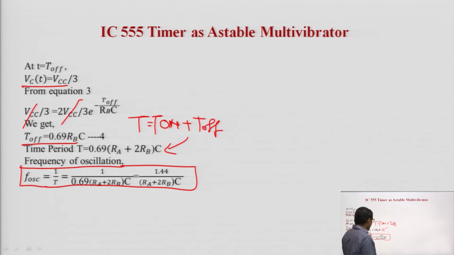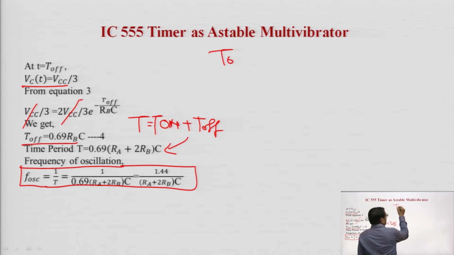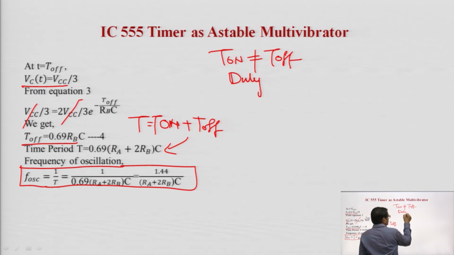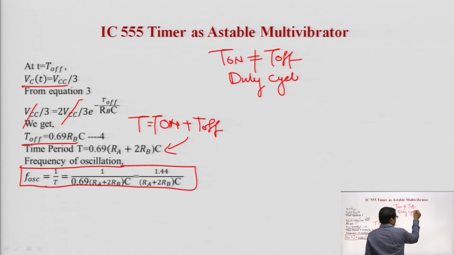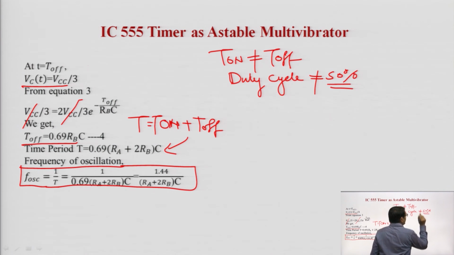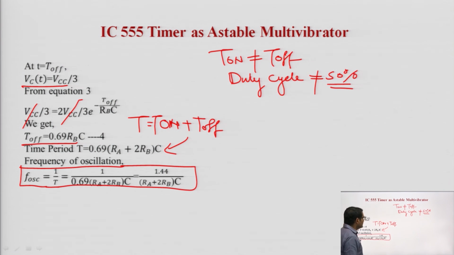In this case, the on time and off time are not equal. In this derivation, they are not equal, meaning the duty cycle is not equal to 50%. If you try to design a square wave with a duty cycle of 50%, what will happen?